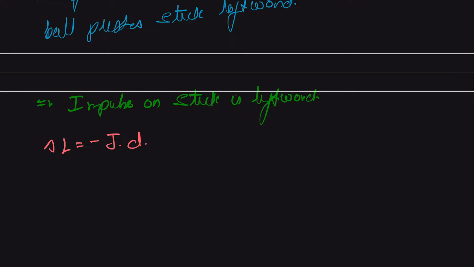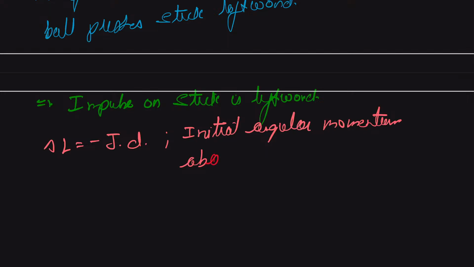And we can also find our initial angular momentum about the center of mass, let us call this L of I. Initial will be equal to I times omega, and I we already know is 1 by 12 ml square, times omega.